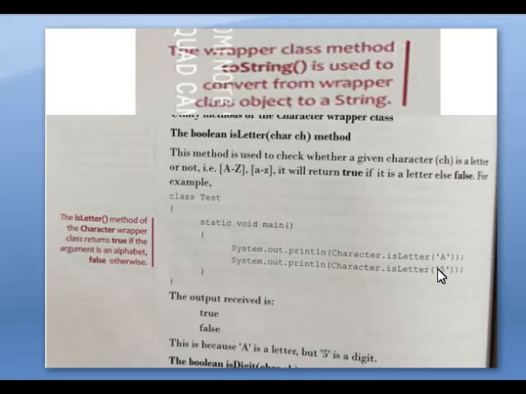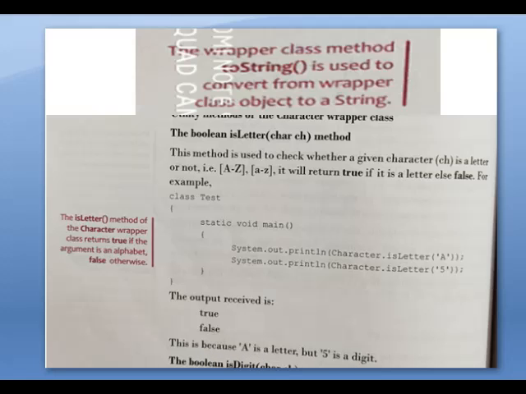The next statement is System.out.println of Character dot isLetter of 5. Here there is a letter and here it is a numerical value. So the first one will return true and the second one will return false, because A is a letter but 5 is a digit.